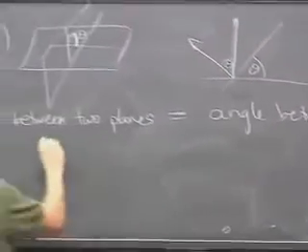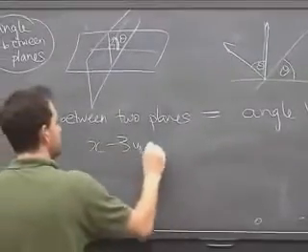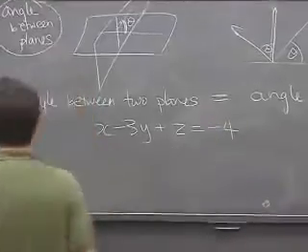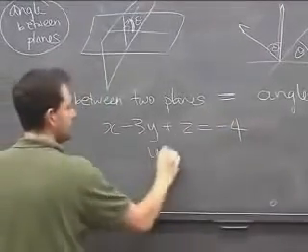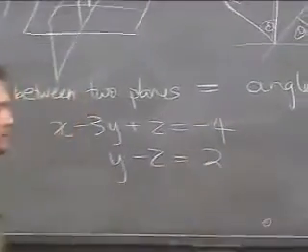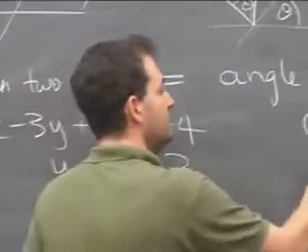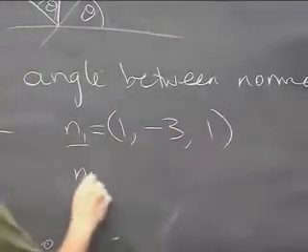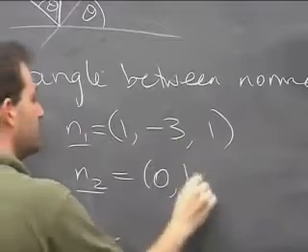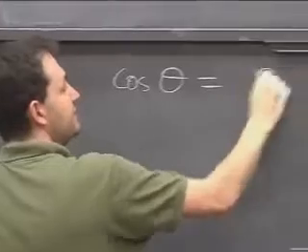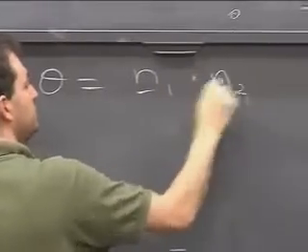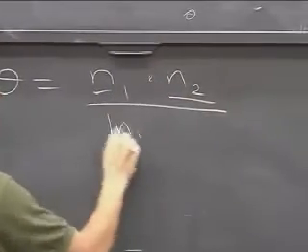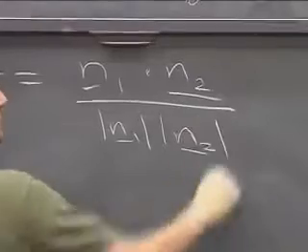E.g., if we take x minus 3y plus z equals minus 4, and y minus z equals 2, the normals are 1, minus 3, 1, that's n1, and n2 is just 0, 1, minus 1. And so the cosine of the angle that we're looking for is n1 dot n2 divided by the length of n1 and the length of n2.